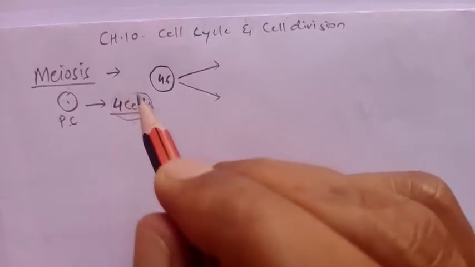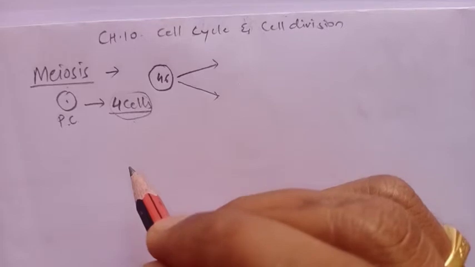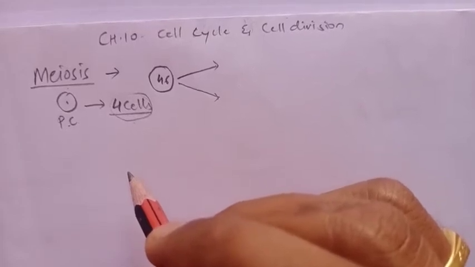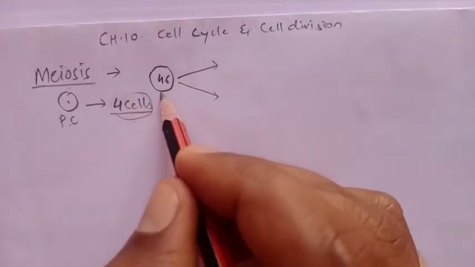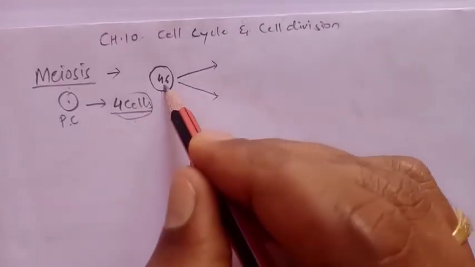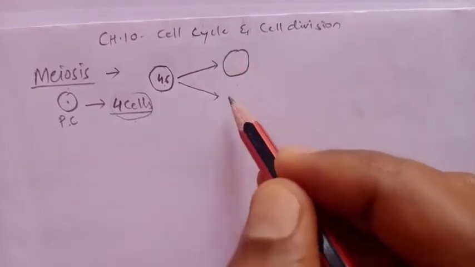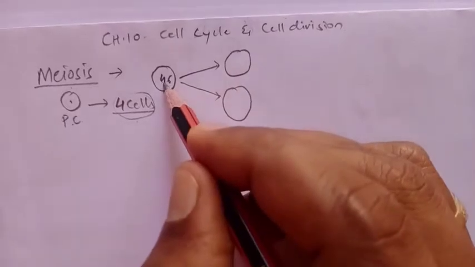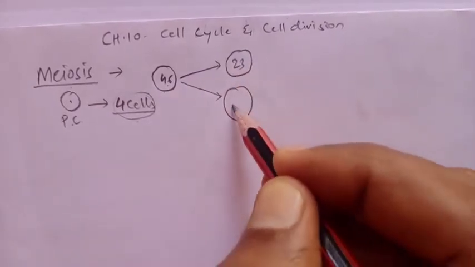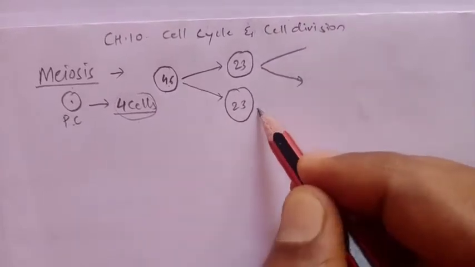So what exactly is half? Half of the chromosome number of its parent cell. If you consider this the parent cell, here 46 chromosomes are there, and the daughter cells receive half, that is 23, here also 23, and again one more time it will divide.